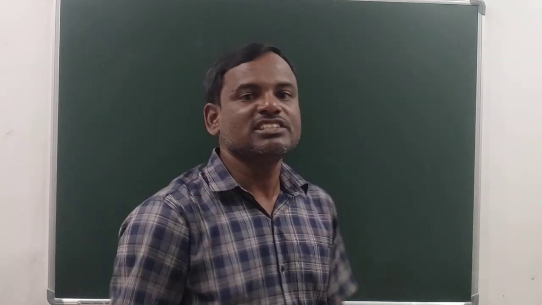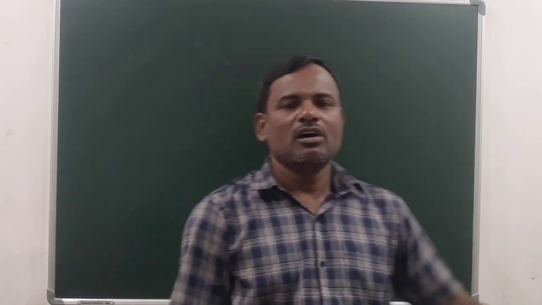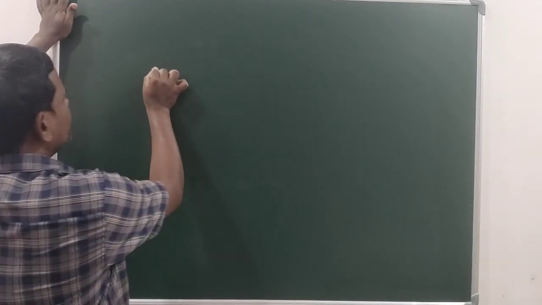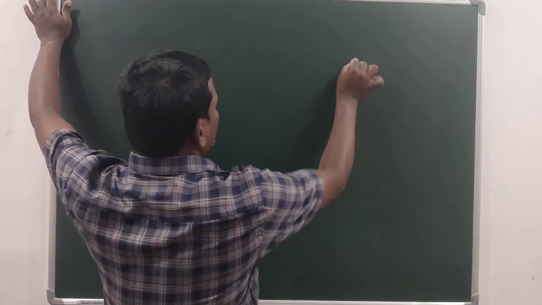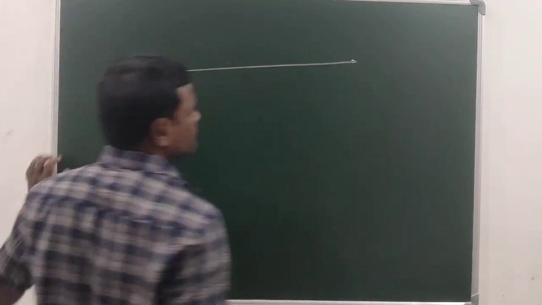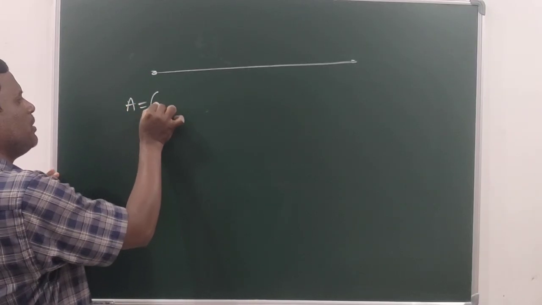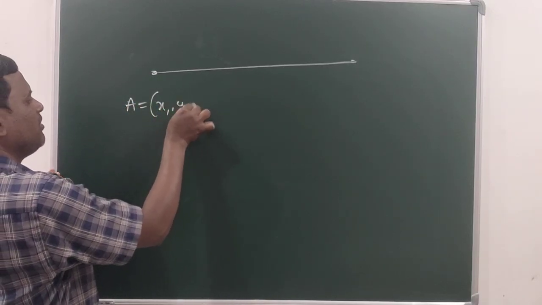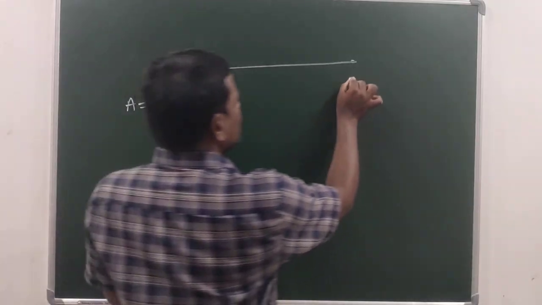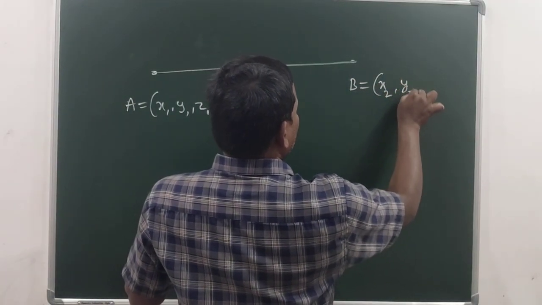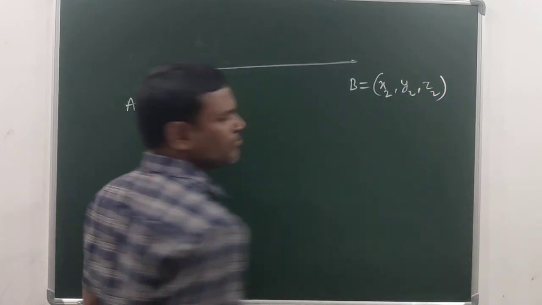You know, students, the section formula which you learnt in 2D coordinate geometry. See, 2 points are given. Let us consider this point's coordinates be x1 comma y1 comma z1, and this point's coordinates x2 comma y2 comma z2.